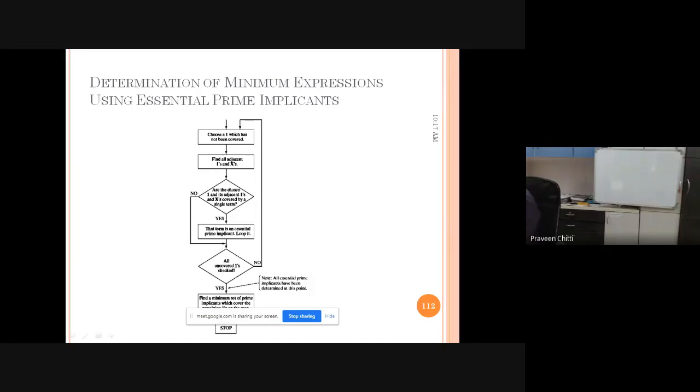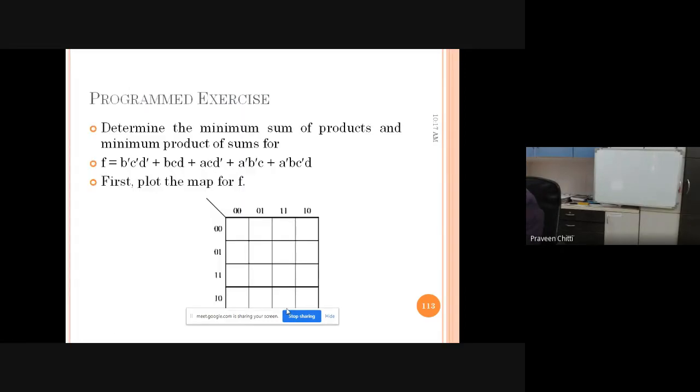No, then repeat this process till you cover all the ones. Finally, you should find a minimum set of prime implicants which cover the entire expression. Whatever I explained is put in the form of a flowchart. Just go through it. It is there in your textbook also, and it is self-explanatory. That is about the K-map method.